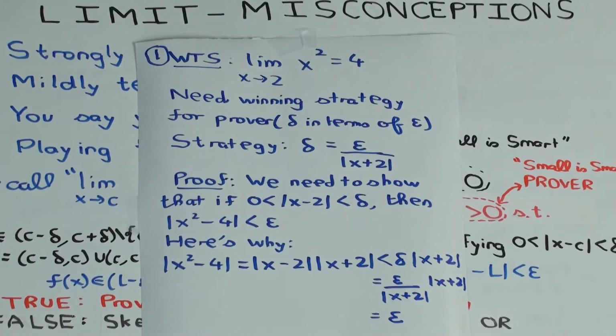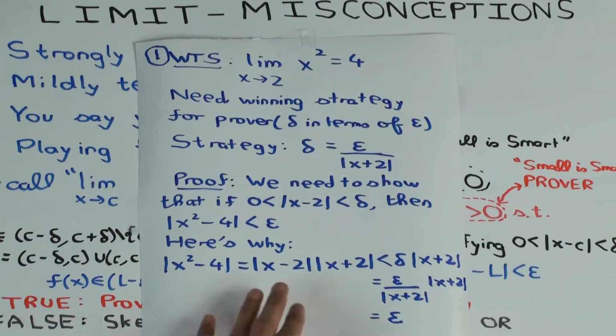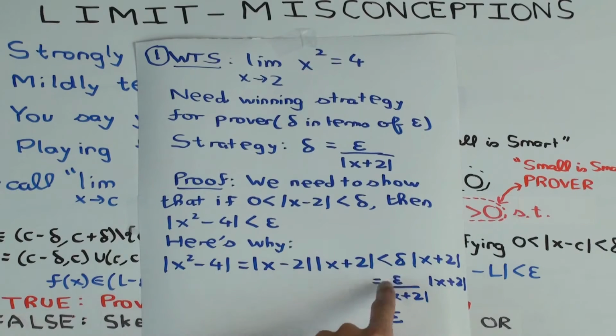So does this strategy work? Is this a proof? What's wrong with this? Do you think there's anything wrong with the algebra I've done here? This is less than delta, and delta is epsilon, so this part seems fine.